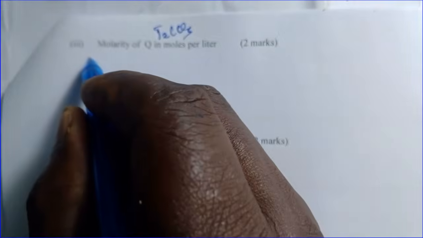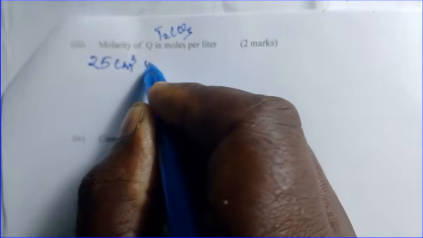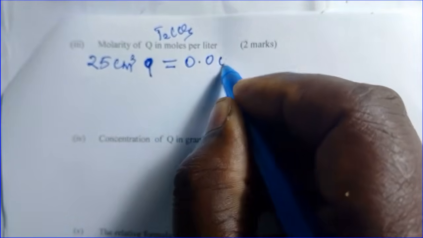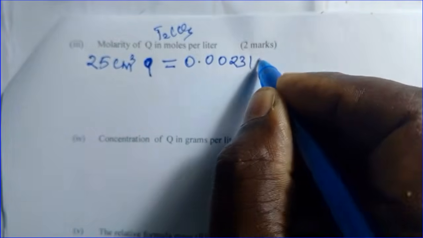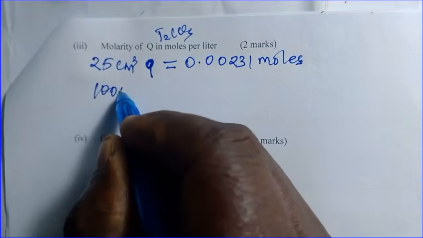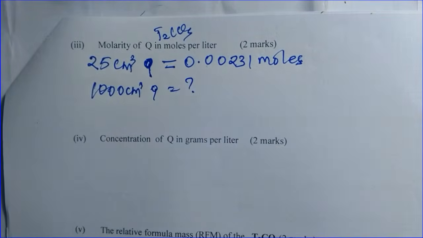Therefore, you will say from Roman 2, 25 centimeters cube of Q contains 0.00231 moles. We will simply ask, 1,000 centimeters cube of solution Q will contain how many moles, because molarity is the number of moles in a liter.